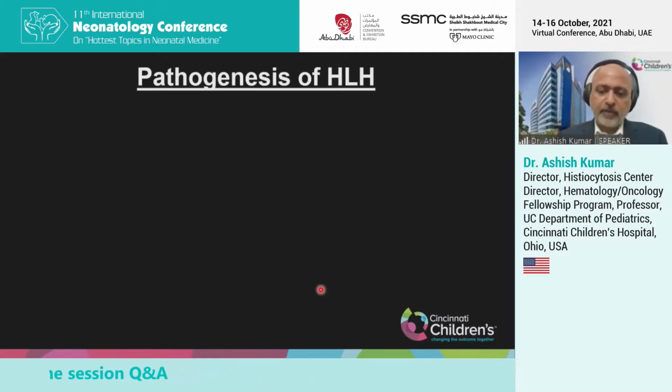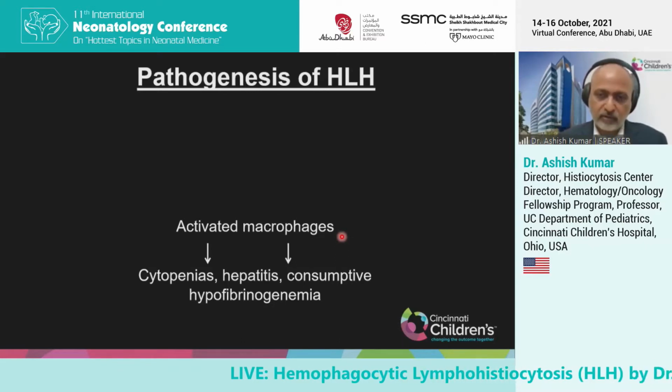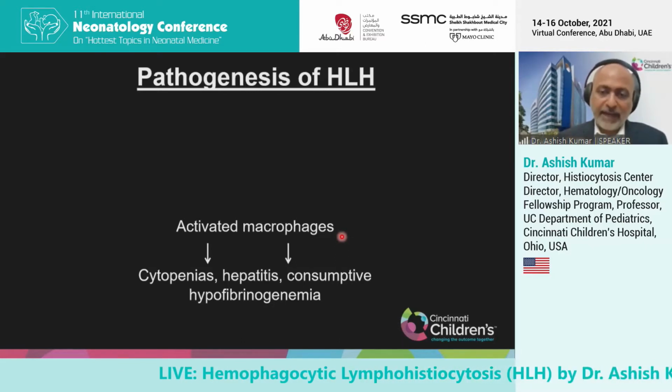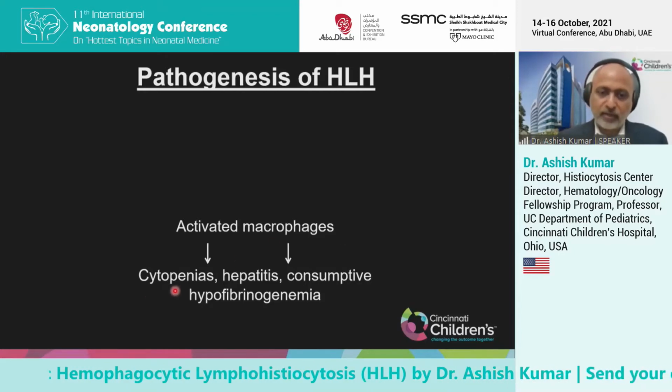How does extensive inflammation manifest itself in all of these conditions? We know that in all of these conditions that give rise to the manifestation of HLH, there is activation of macrophages. These activated macrophages eat blood cells. That leads to cytopenias.